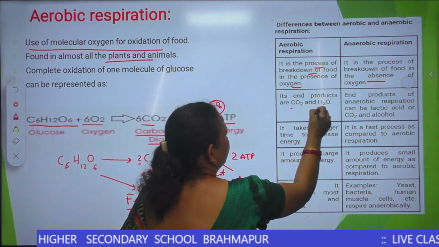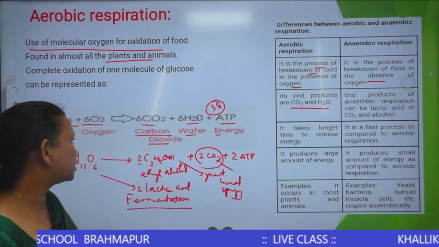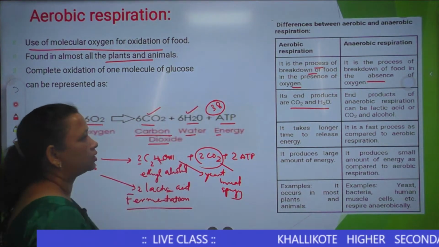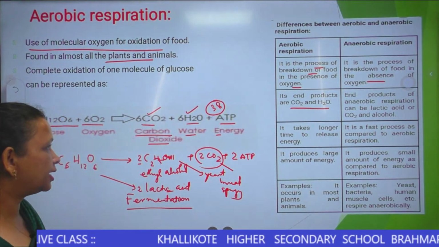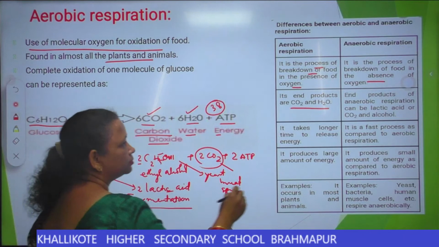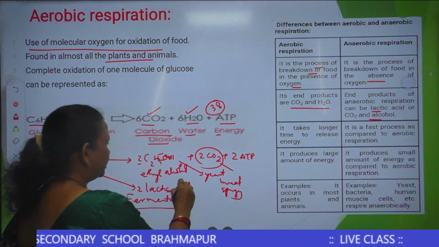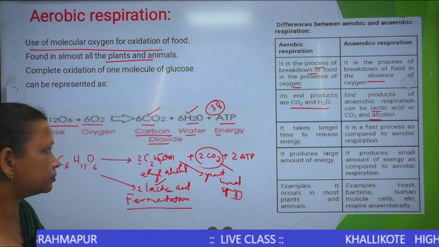The end products here are carbon dioxide and water, in aerobic respiration. In anaerobic respiration, it can be ethyl alcohol, it can be lactic acid.